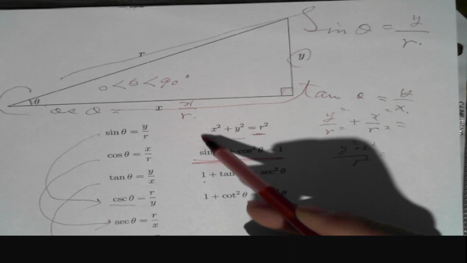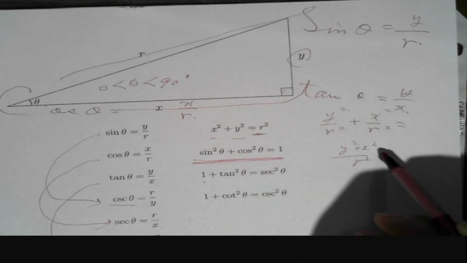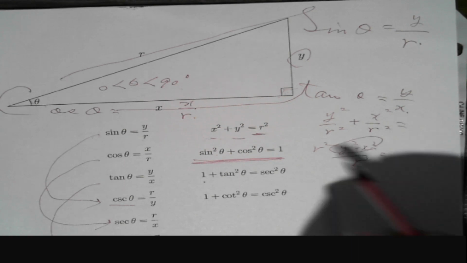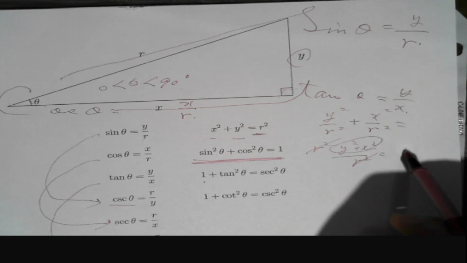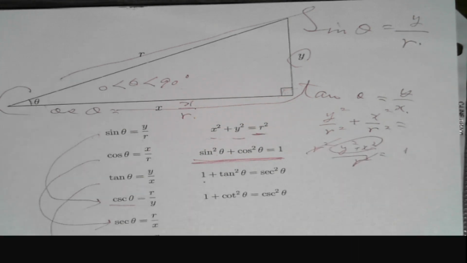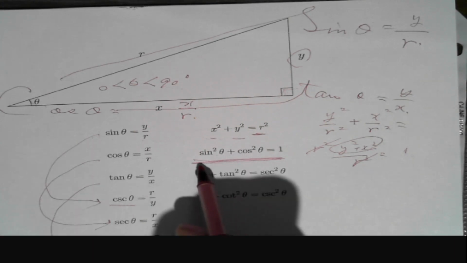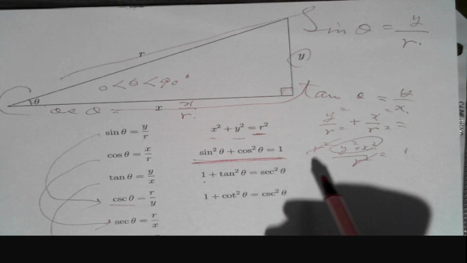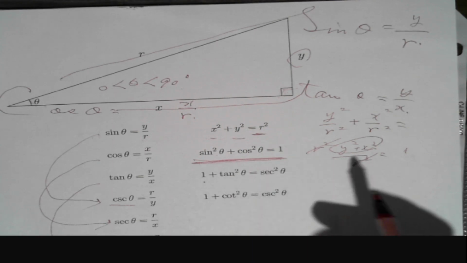Just before, we saw x squared plus y squared is r squared. So this is the same as r squared. If you cross out, it will be 1. Remember, a very important identity: sine squared theta plus cosine squared theta equals 1.